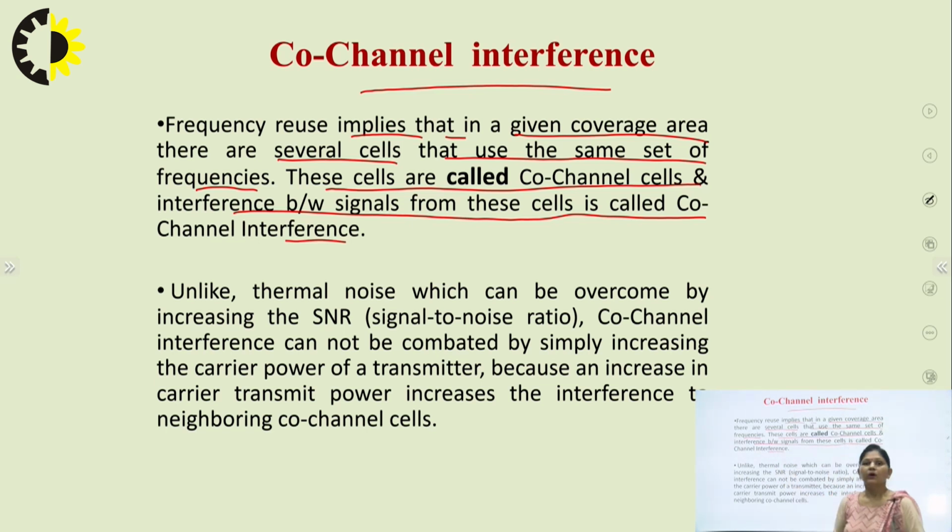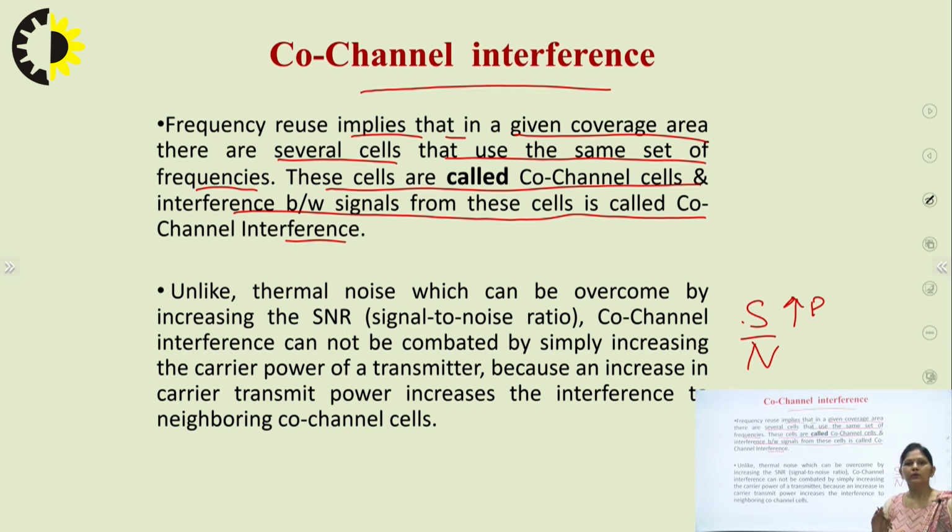Now, one way to decrease the interference is to increase the signal power. As we know, the signal-to-noise ratio is the ratio of signal to noise. If you increase the power of the signal, then obviously the noise factor can be reduced. But in the case of a cellular system, if you increase the power of the transmitting signal, then there will be more interference with other channels that are using the same frequency.